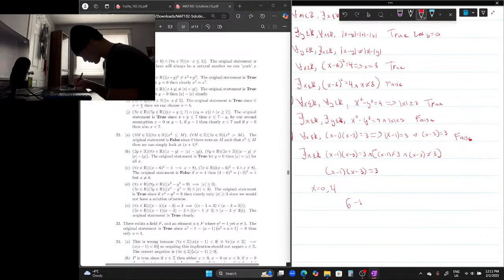And 6. I don't know what they're thinking there. Did I miss an absolute value somewhere? The only way this is true is if x equals 6. This statement, 6 minus 1, is not true. 5.